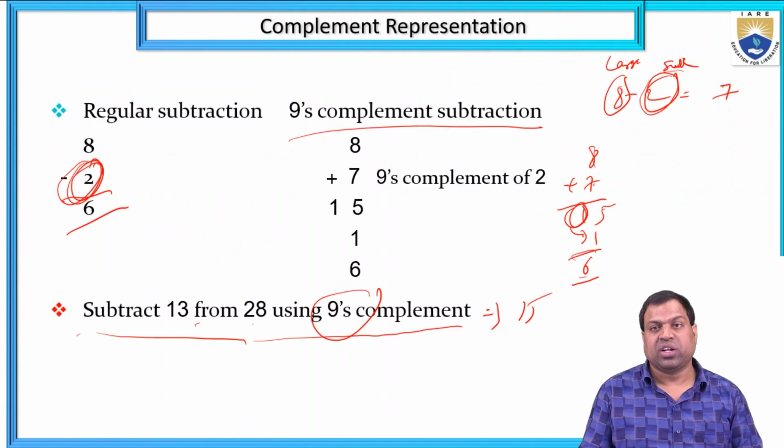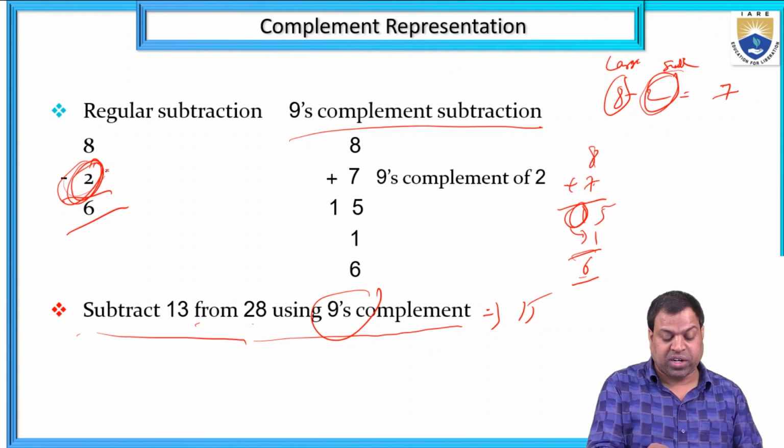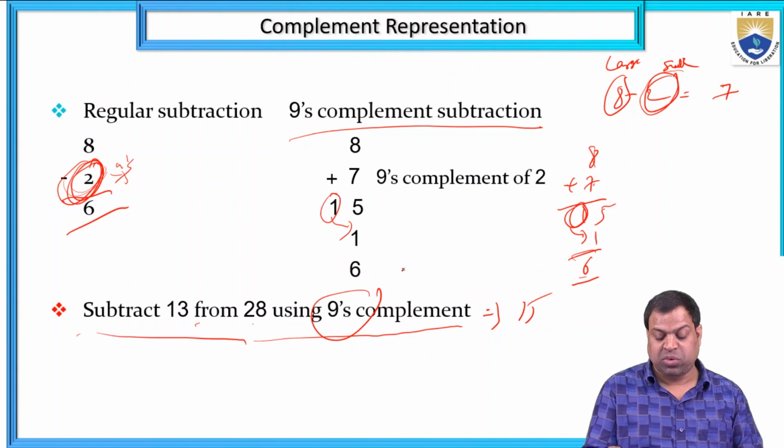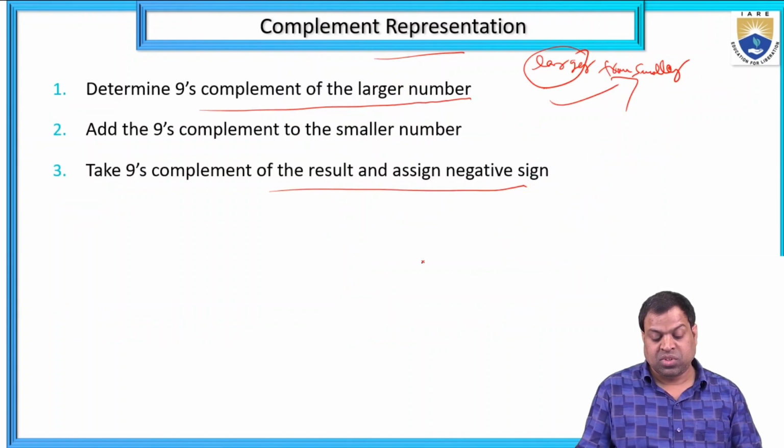Regular subtraction: 8 minus 2 is 6. For the nines complement, we apply it to the subtractor: 9 minus 2 is 7. So 8 plus 7 is 15. This carry is added to this one, 5 plus 1 is 6.